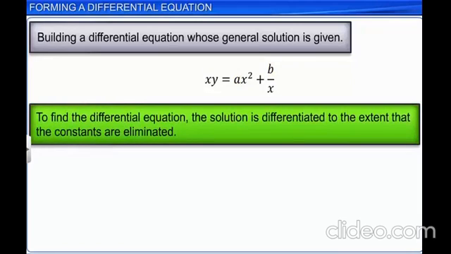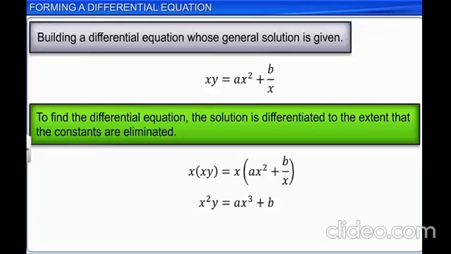Let's begin by multiplying both the sides of the equation by x. The equation takes the form x squared into y is equal to ax cubed plus b. Now, let's differentiate both the sides of this equation so that b gets eliminated.